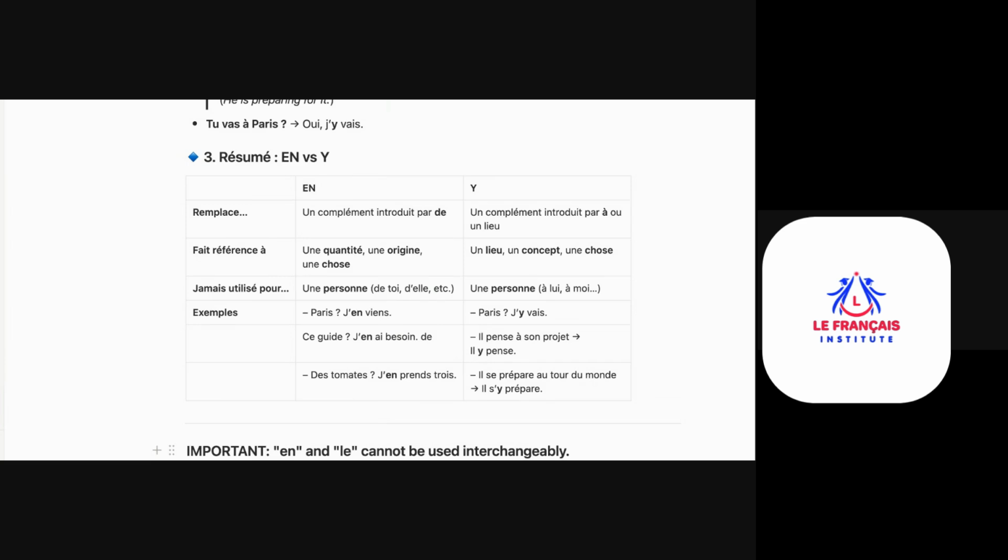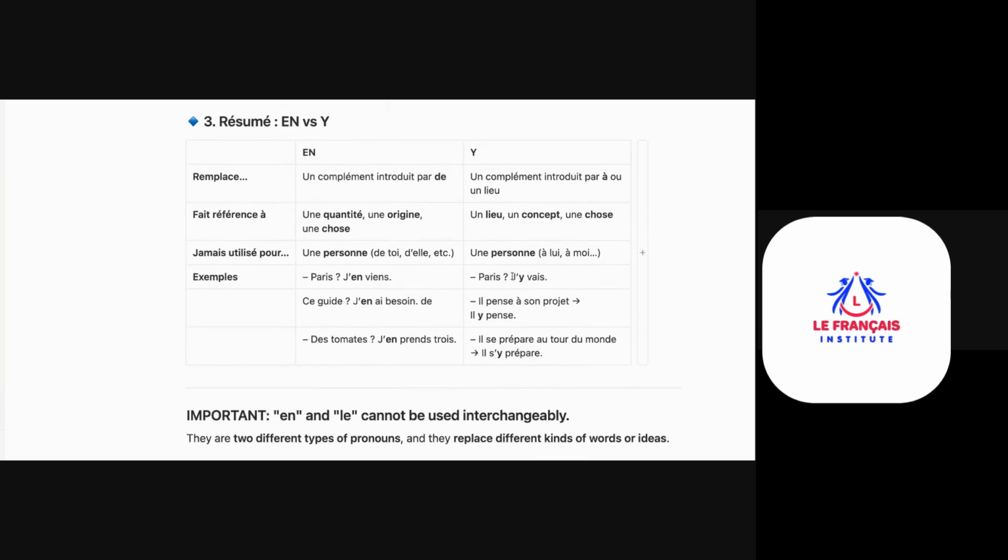I have one doubt here, like what exactly this means in this column, y versus en. I got the first two points. The second point is that you have to use en when there is a quantity, origin. And y is for a place, a concept.